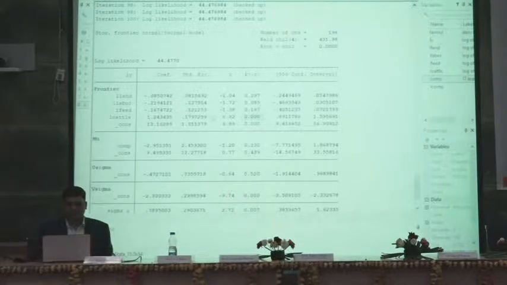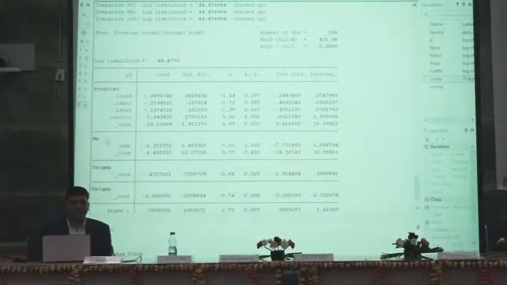So this is the constant variable, and this mu is the inefficiency term. So inefficiency, and this is the variable. This means this variable is having a negative impact on the inefficiency term, not efficiency, on inefficiency.